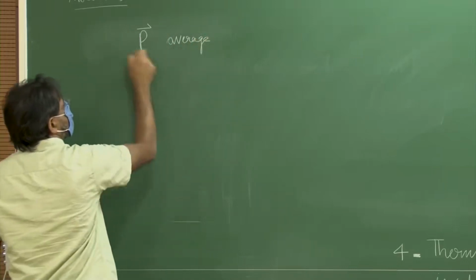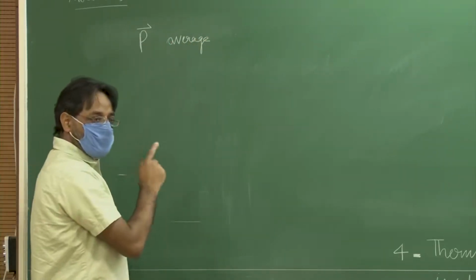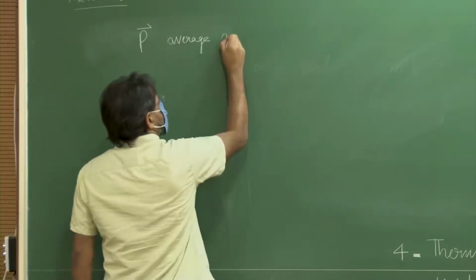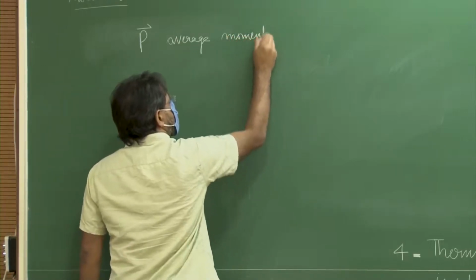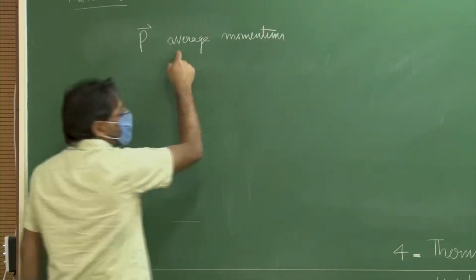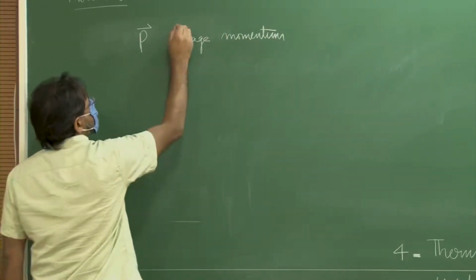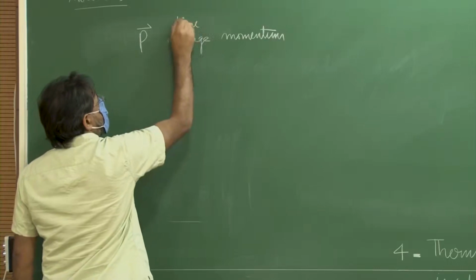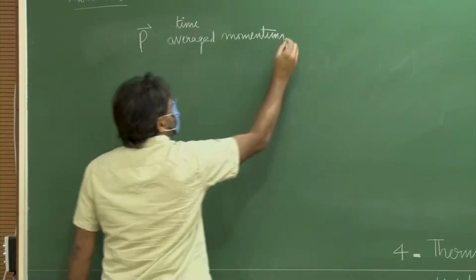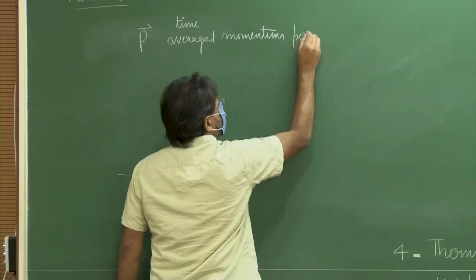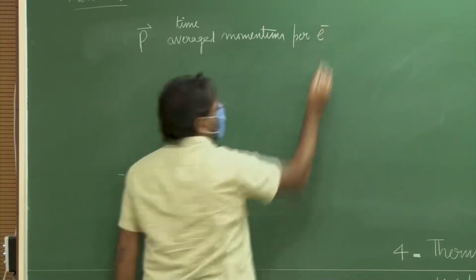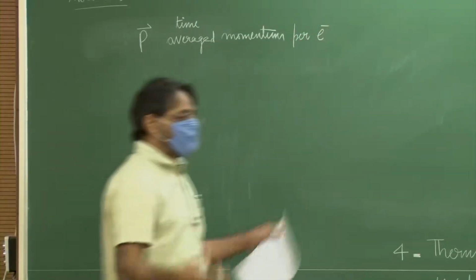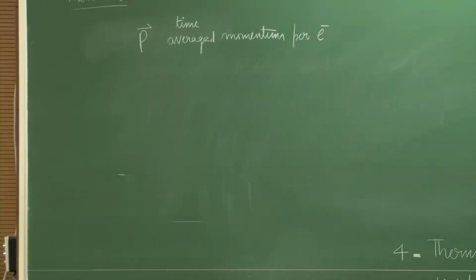I am not really writing the average sign here, but you should understand that I am talking about the time averaged momentum per electron. If I have not applied any external force field, in the absence of any external force field, what would be the value of P? It has to be 0, right?